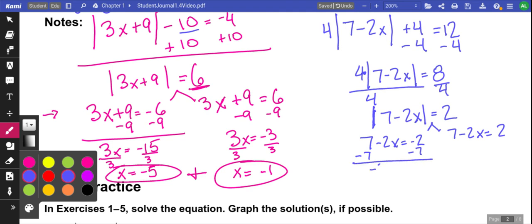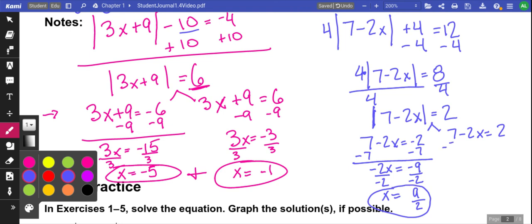So I've got -2x is equal to -9, divide by -2, divide by -2, and here x is equal to, you could turn this into a decimal, or you could just leave this here as 9/2. That's as simplified as you can get it. But since you've got a negative divided by a negative, your final answer is going to be positive.